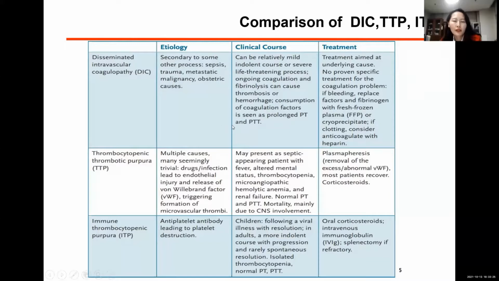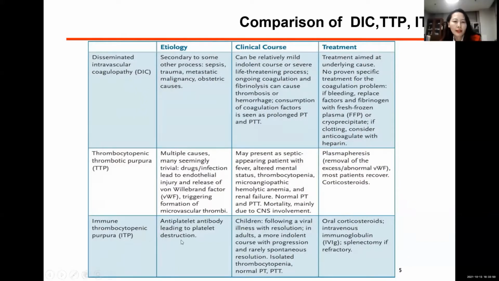DIC often has ongoing coagulation and fibrinolysis that can cause thrombosis or hemorrhage. So we can also get a prolonged PT and APTT.